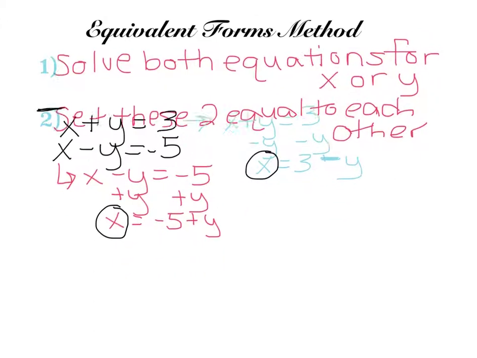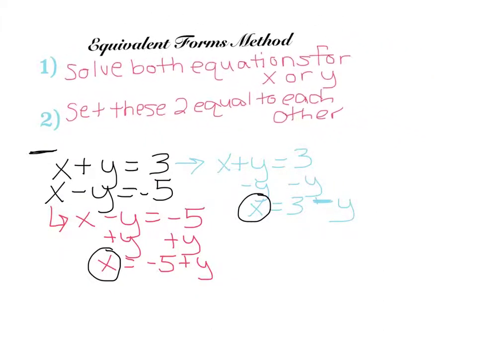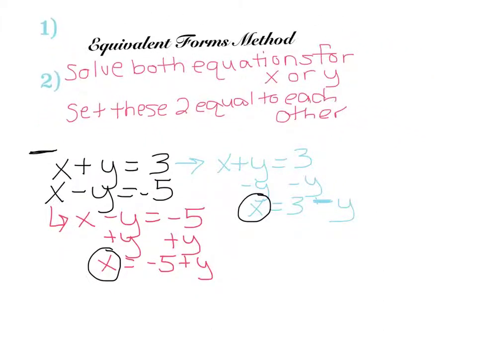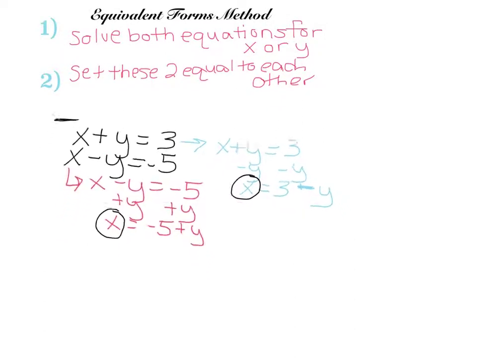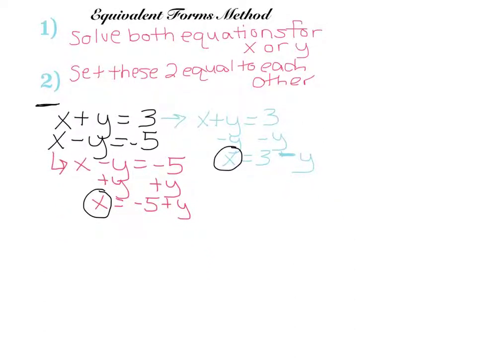Remember, number 2 is to set these two equal to each other and then solve for the variable that we still have in there. So we are going to set 3 minus y equal to -5 plus y.